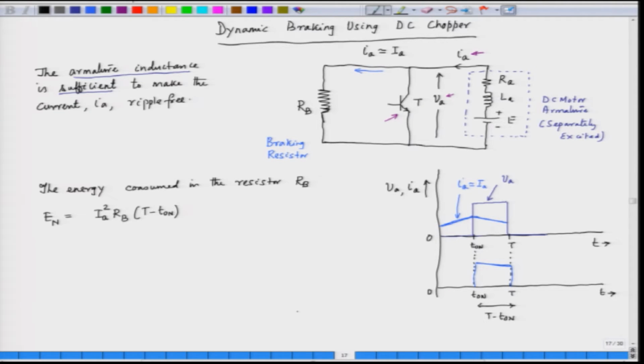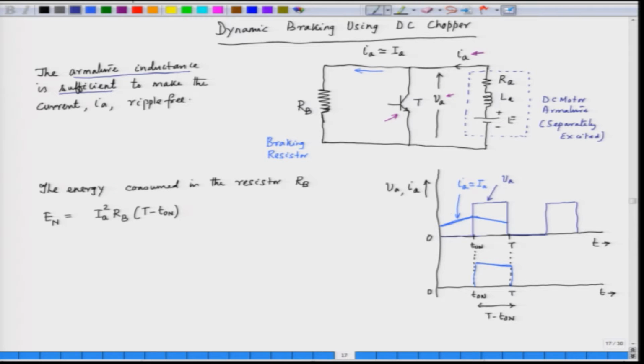Now, if you want to find out the power dissipated in the braking resistor, we have to divide by the time period. The time period here is capital T, because this is a repetitive waveform; the same waveform repeats here. So, this is a periodic waveform, and we have to find out the power over one cycle.